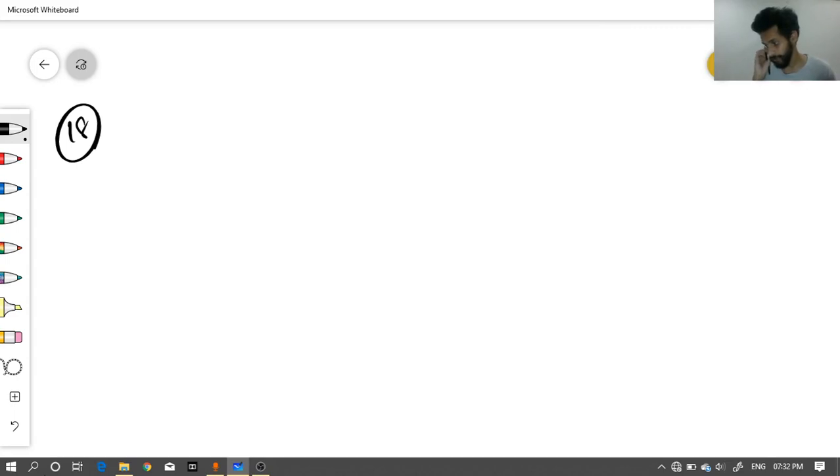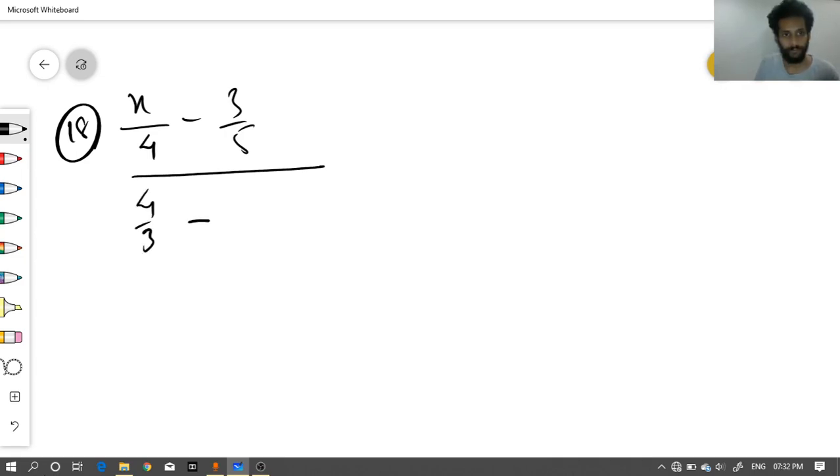Now this question looks somewhat difficult, okay, because of all this. Sorry, this one is 4. x by 4 minus 3 by 5 divided by 4 by 3 minus 7x is equal to 3 by 20.